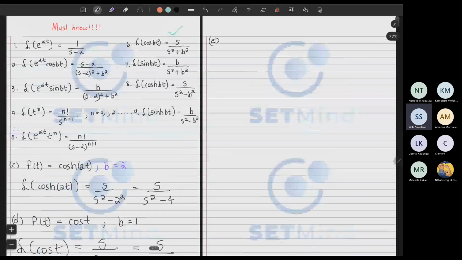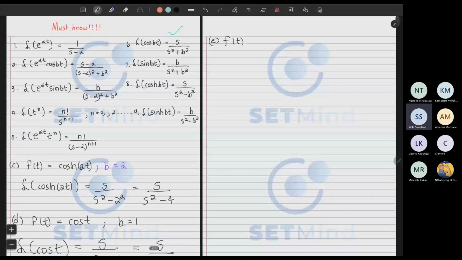So let's say you have a case where now your f of t looks much more interesting than the other ones. It is actually sine of t plus pi over 3. So this is more interesting.